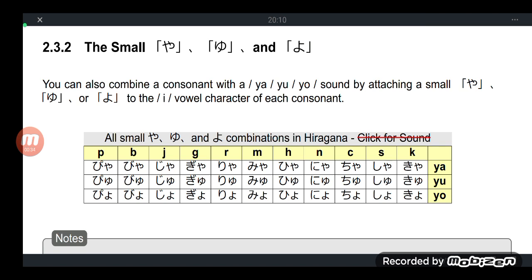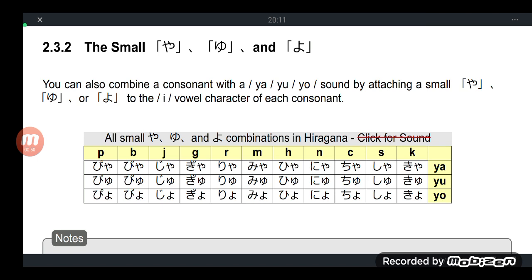As we have discussed in our lesson 0001, and now we are on lesson 0002, which is about the small ya, small yu, and small yo.